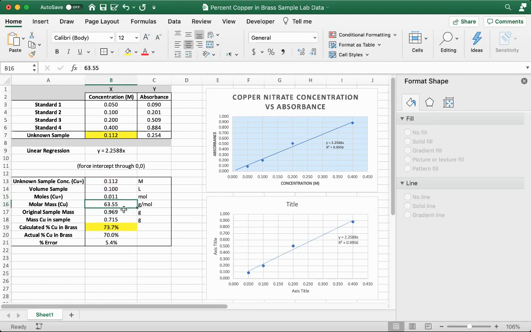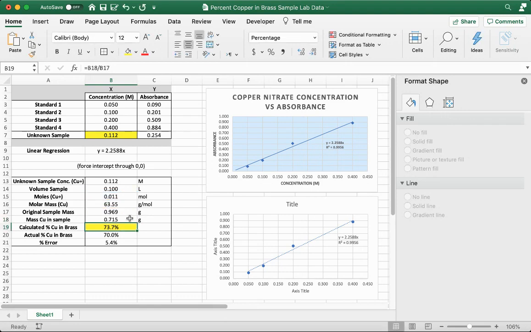Okay, then we know molar mass, we get that from our periodic table. And then we have the original sample mass that we weighed out before we dissolved the brass. Okay, we've got to make sure that we write that down there too. Okay, and so the mass of the copper in the sample, we can solve that by multiplying the grams per mole of copper by the amount of moles of copper ion that we solved for earlier.